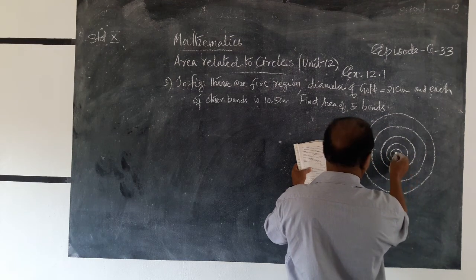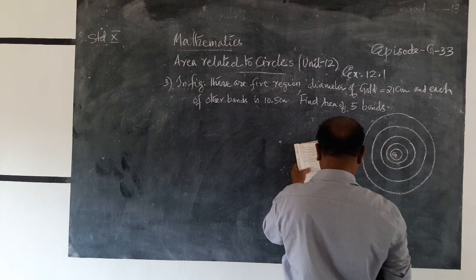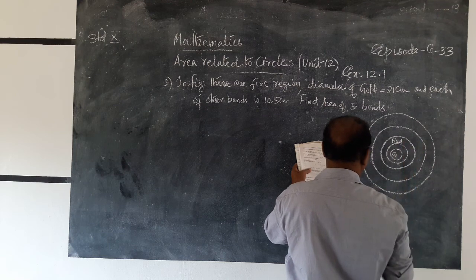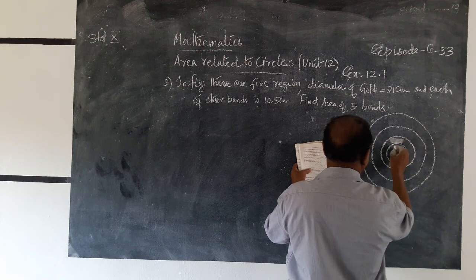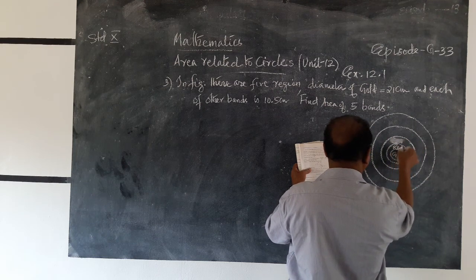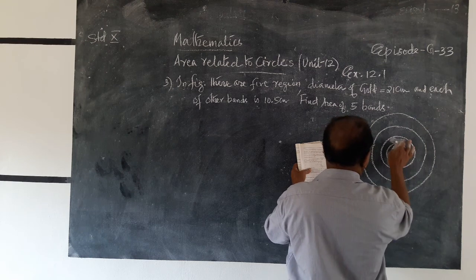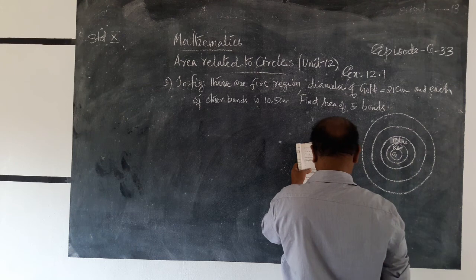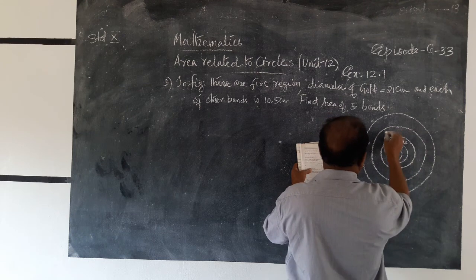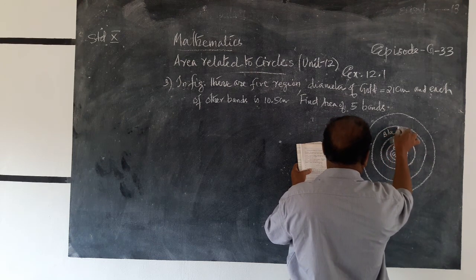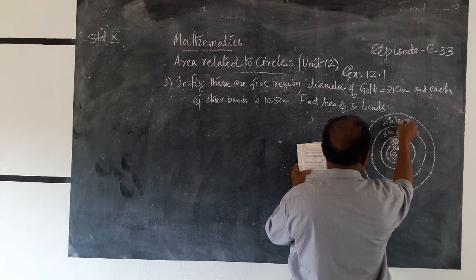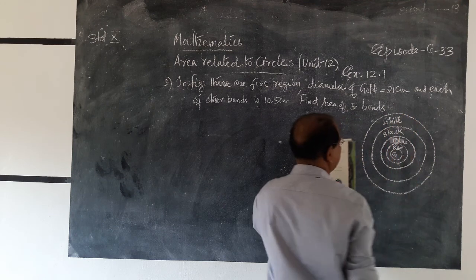This one is gold. This one is red. Sorry, second is red. Third is blue. Fourth one is black. And fifth one is white.